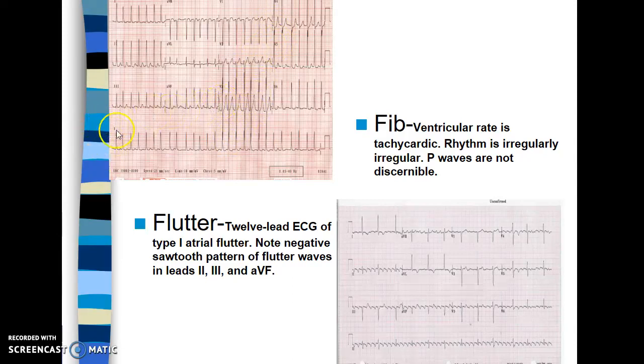That has to do with where we put the leads on the animal, and you're going to be more acquainted with that when you get to anesthesia. Those leads are on different parts of the body, and so the electrical activity is measured in a different way depending on which side of the heart, and whether it's cranial or caudal in the animal. But regardless, those are large QRS waves, so that is definitely a ventricular arrhythmia.